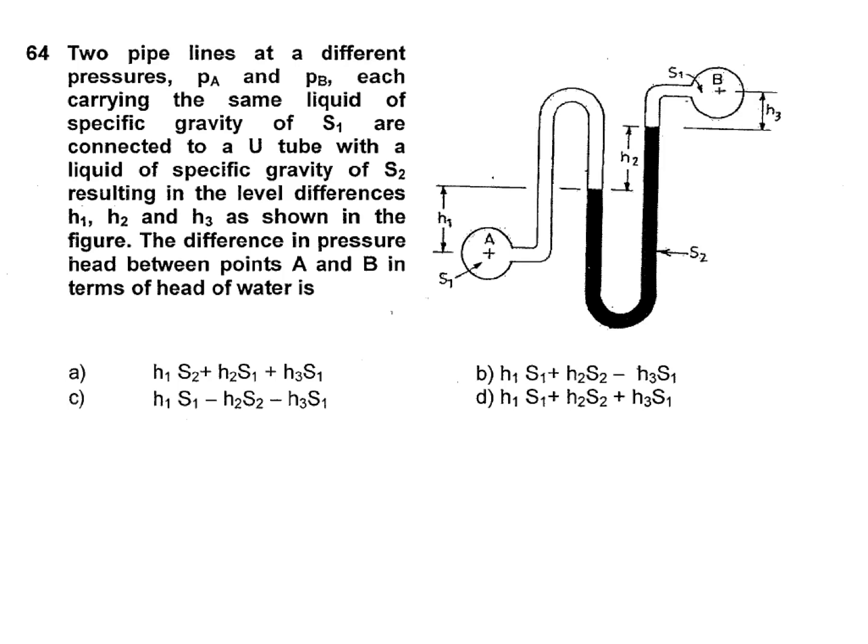From point A we will start. So PA minus rho g1 H1, then rho g1 H1 is from here to here.